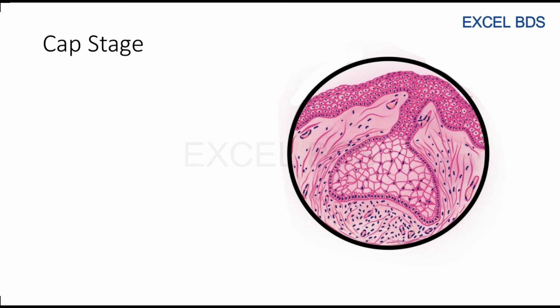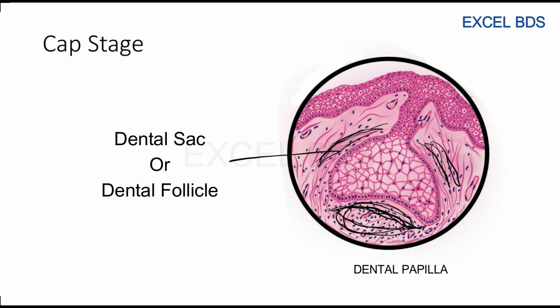And then the dental papilla I was talking about. Right below here is the dental papilla, which forms dentin and pulp. And this part over here, the ectomesenchyme which covers the outer enamel epithelium, is the dental sac. Dental sac has another name as well: dental follicle.